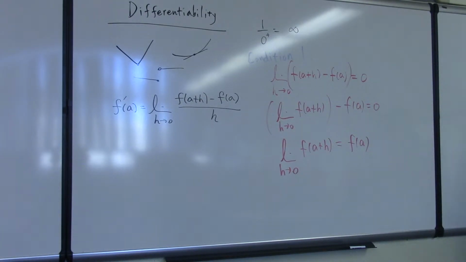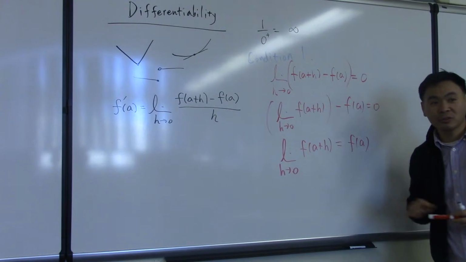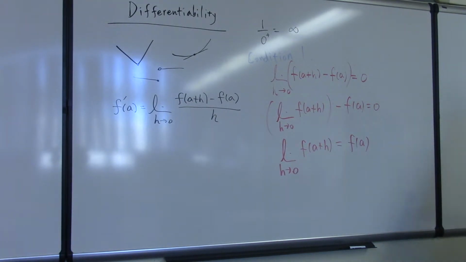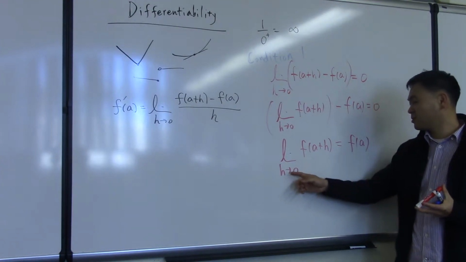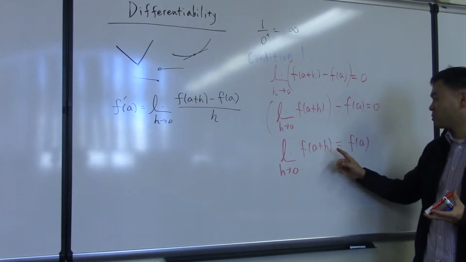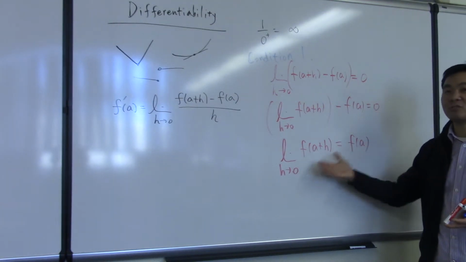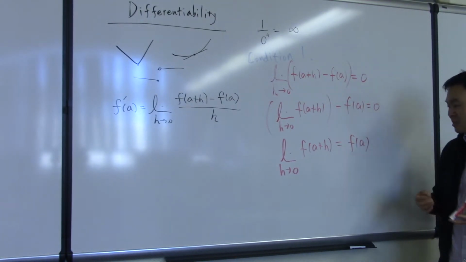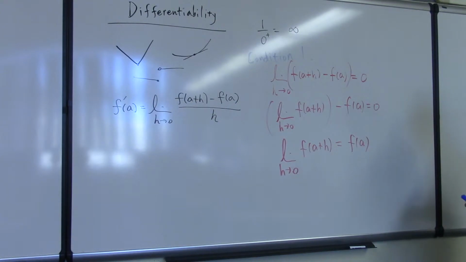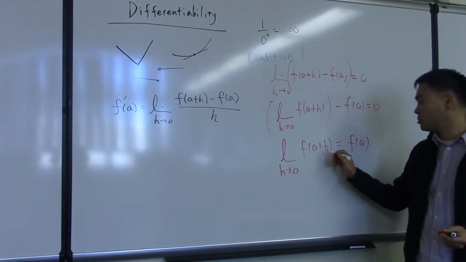Now, is this obvious? Is this always true? It seems it's true. Since you're sending h to 0, you just replace h by 0 and you get f of a. It seems like this should always hold true. However, it's not true, and you may feel more suspicious if I did a change of variables, a substitution.